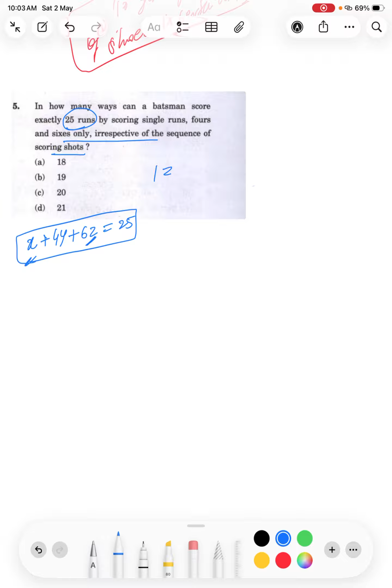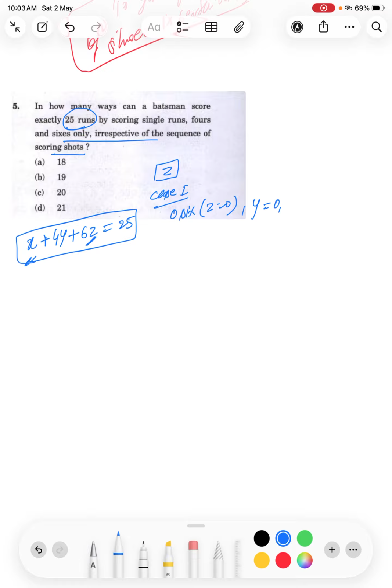So Z, case 1: the batsman did not score any 6, zero 6s. It means Z is equal to 0. Now think about the possibility of fours.